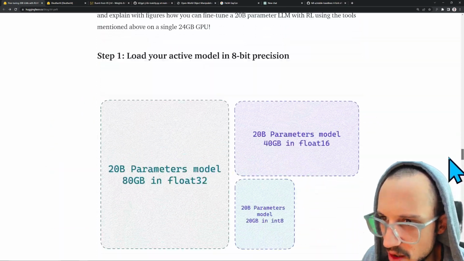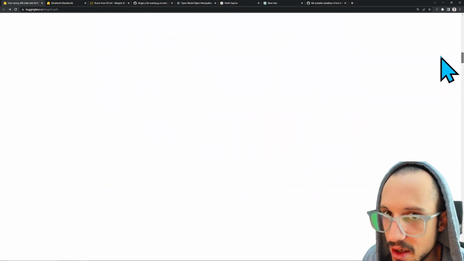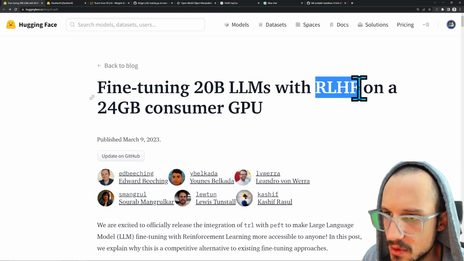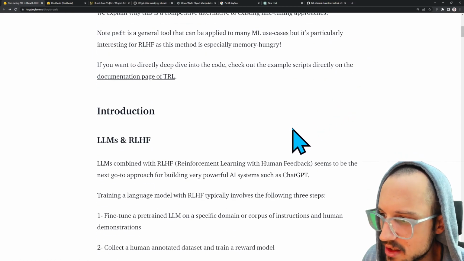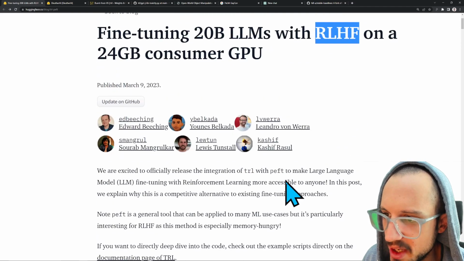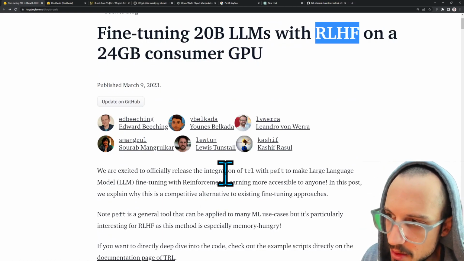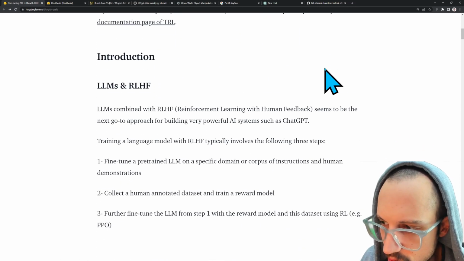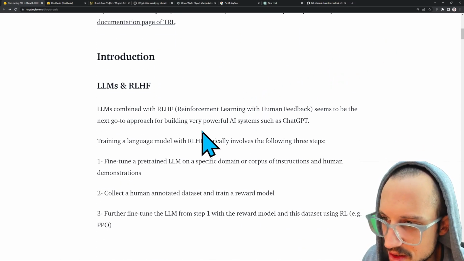Cool, so that is RLHF, reinforcement learning with human feedback. I suspect that companies like OpenAI, via Microsoft, Google, and Meta will release functionality and tools that allow you to do this for your specific application.